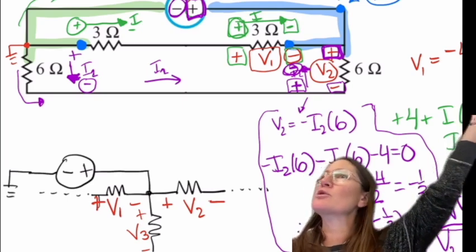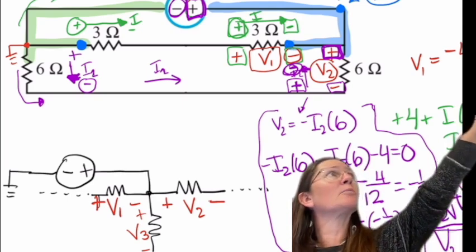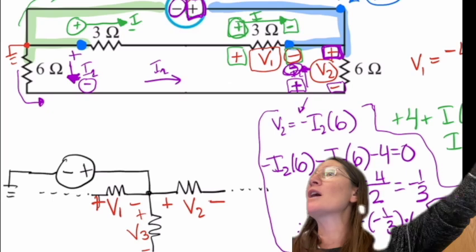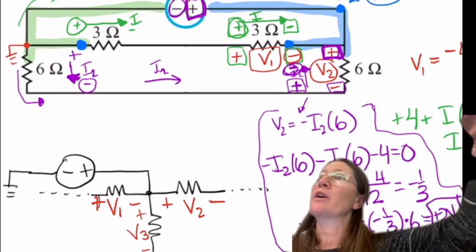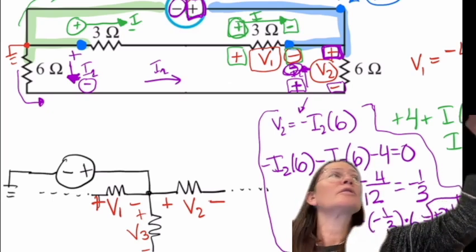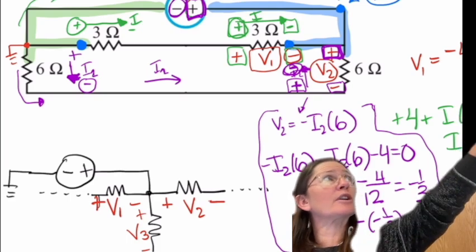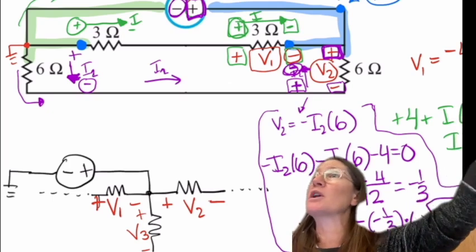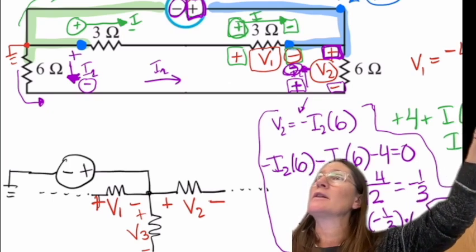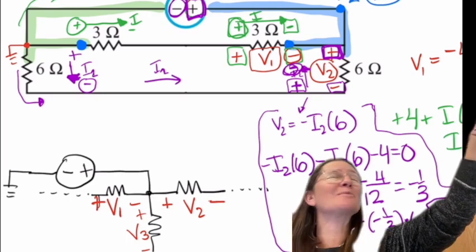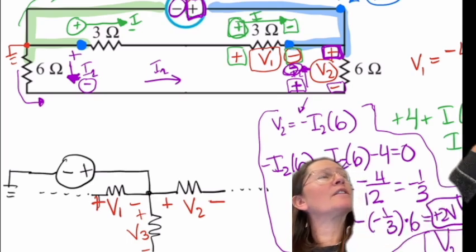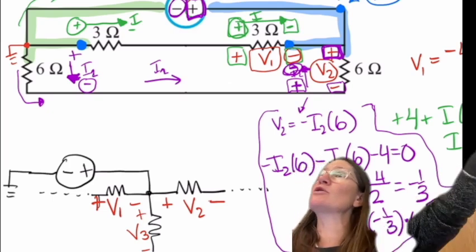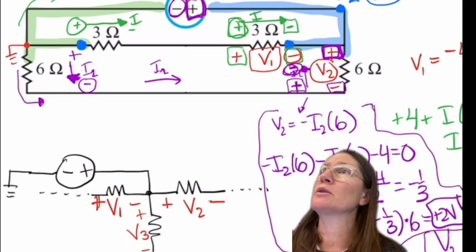Before, with the green one, I chose it the same direction as what was labeled, so I knew that I had a positive I times R. So when they're the same polarities, plus on the left, negative on the right, it'll be plus IR, I times R is V. And then when they're opposite, which is the case in the second one, you'll have to do a negative I times R.